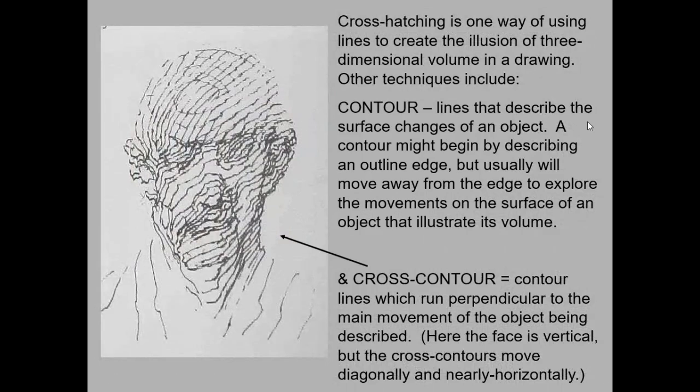So cross-hatching is a fascinating way of creating value, but we can also use line again to suggest volume or the surface of the object. This is a really cool drawing of a bald older male face, and it has lines on it that at first glance you might think could be the wrinkles in his skin, like the line between the edge of the nostril and the corner of the mouth.